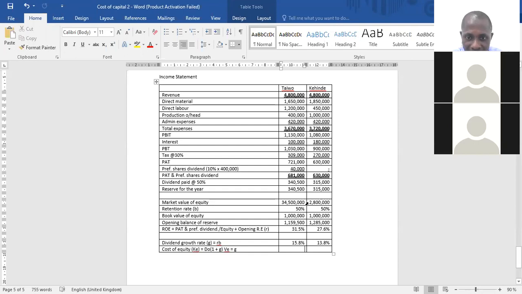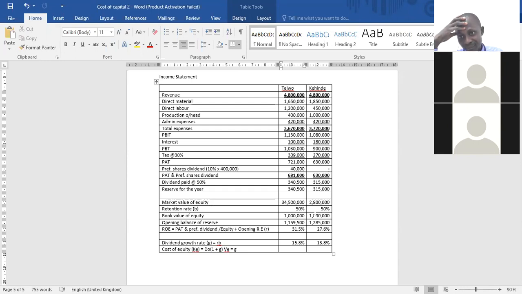Let us confirm, we didn't work in thousands, so this is going to be divided by 34,500,000. Sir, are we using the total market value? Yes, because I'm using total dividend as well.